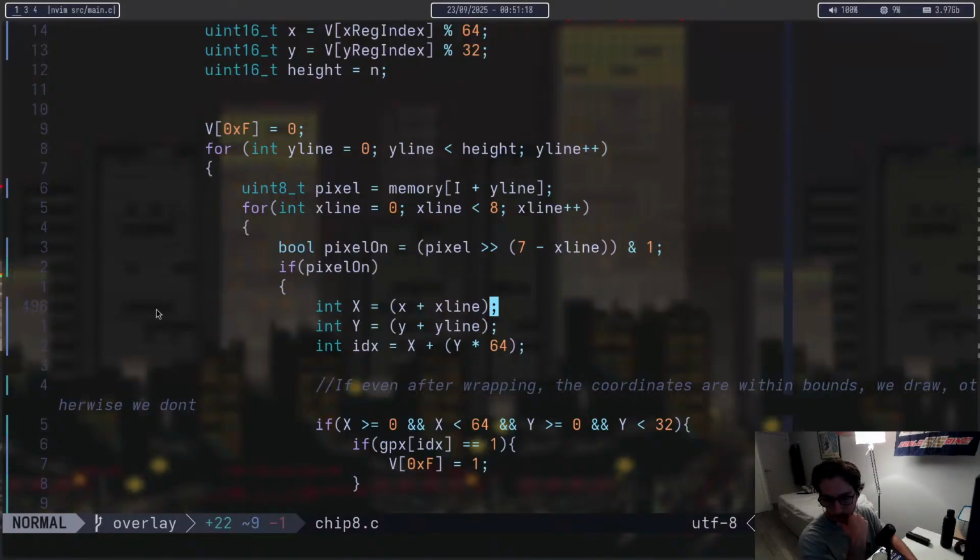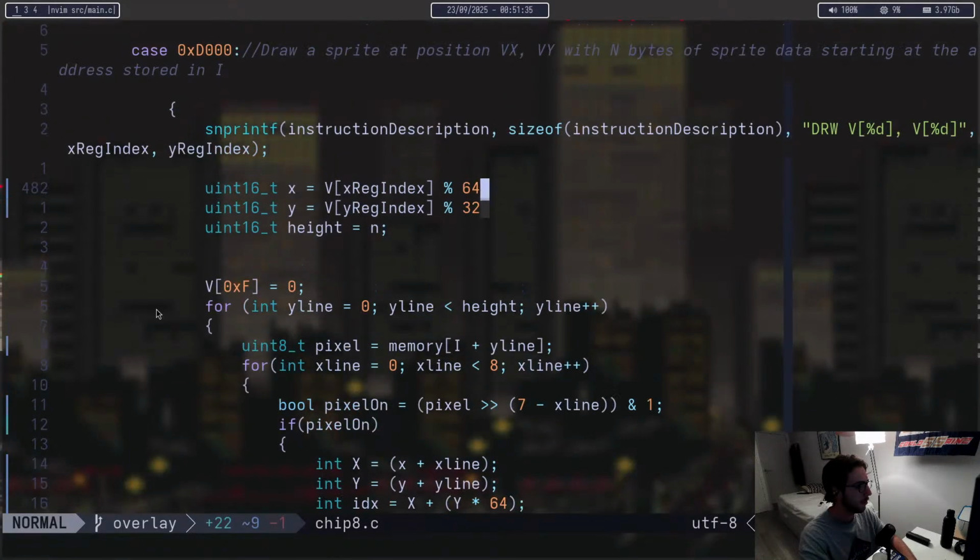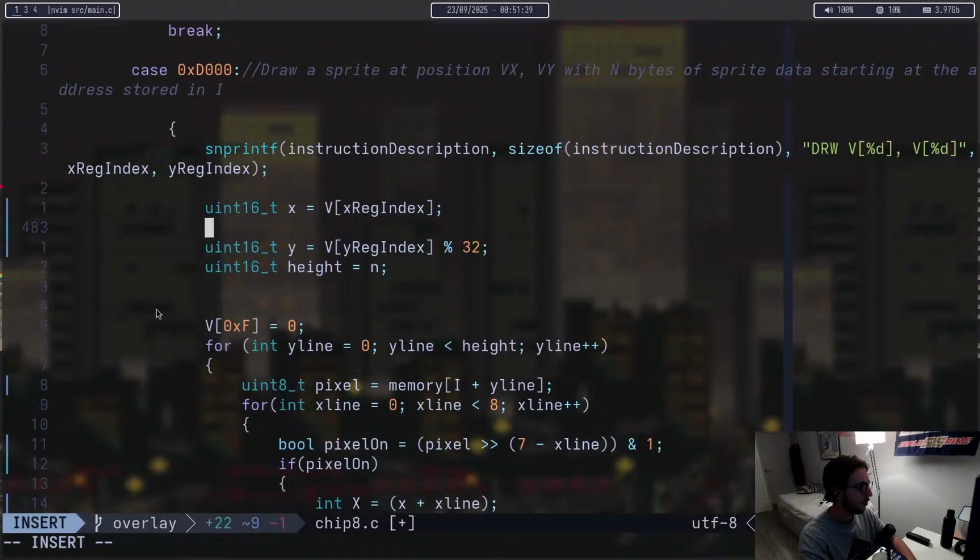Maybe if you wrap in 2 steps with x equals, that might be a stretch. I don't know why it would change anything. Wait, what? So first assign x and then do the modulo. Maybe that's why. So doing something like this, and then saying x equals x modulo 64.